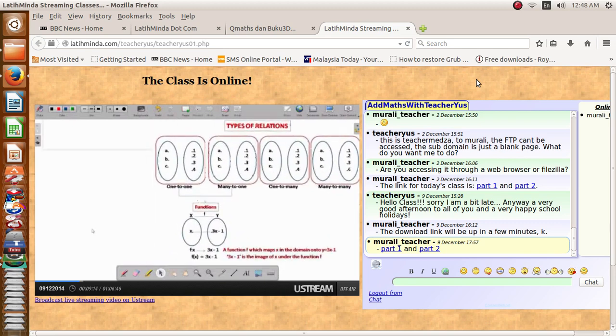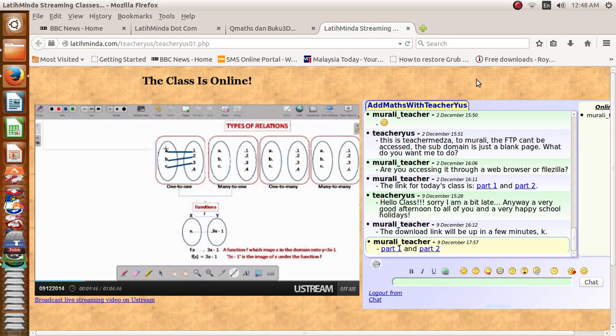What we have here is a one-to-one relationship. Let's see what one-to-one looks like. A pointed to 1, B pointed to 2, and C pointed to 3. In this instance, 4 hasn't got its pair.